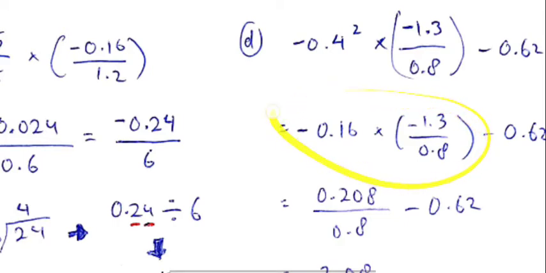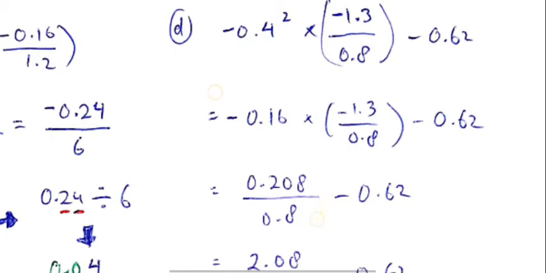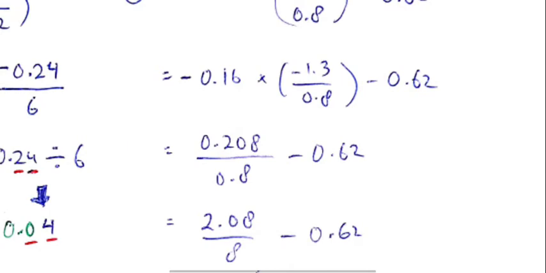Now for the multiplication here, I also recommend you times the top one first, rather than do the division, because it might give you too many decimal points, or a never-ending one, which again, as I said, will give you inaccurate answers. So you have 0.208 as the result of the multiplication of the product here, divided by 0.8, and then you minus.